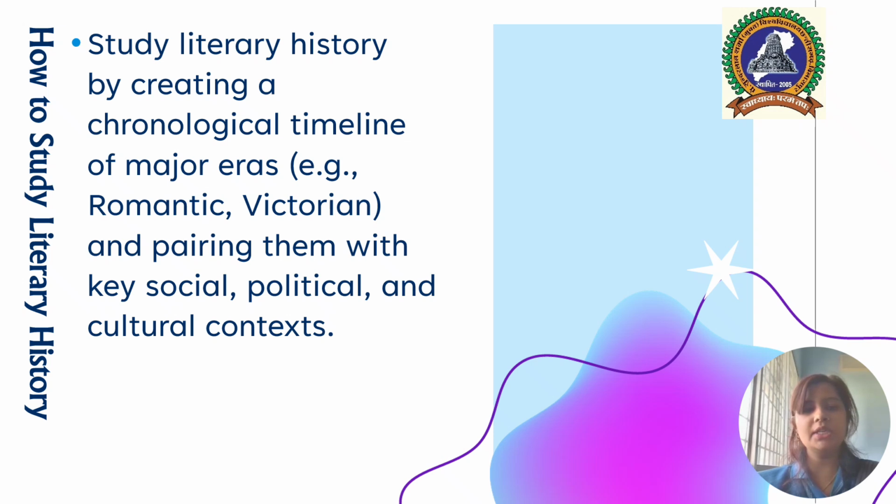Now, how to study literary history? In the following slides, I have mentioned how one should study literary history. First, you can create a chronological timeline to study literary history, along with the chief social, political, and cultural characteristics of that age.